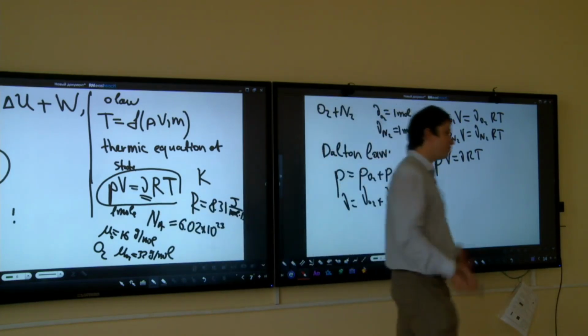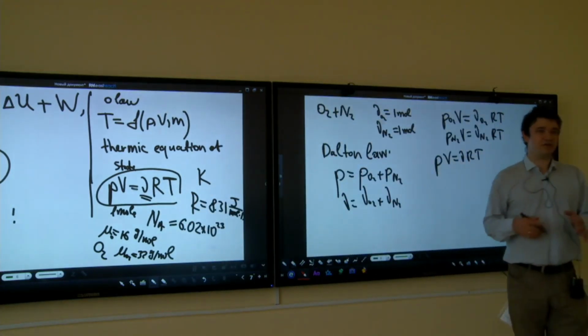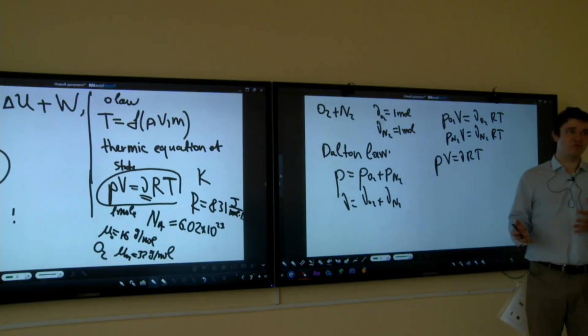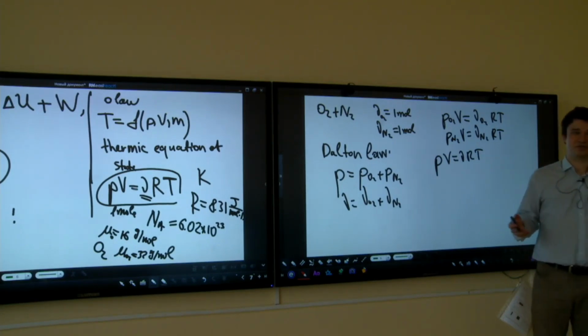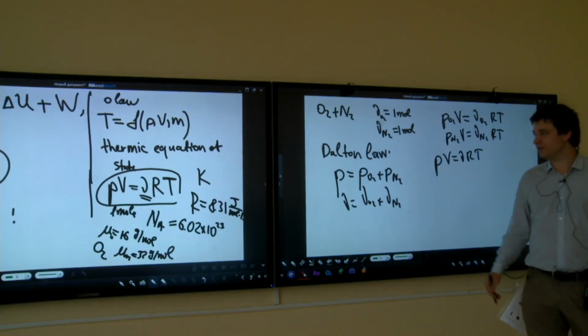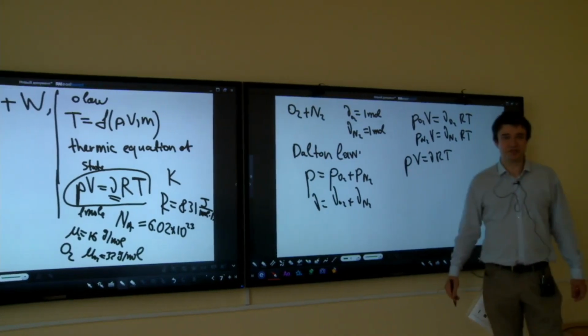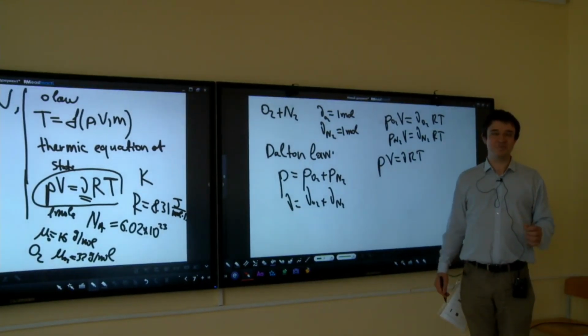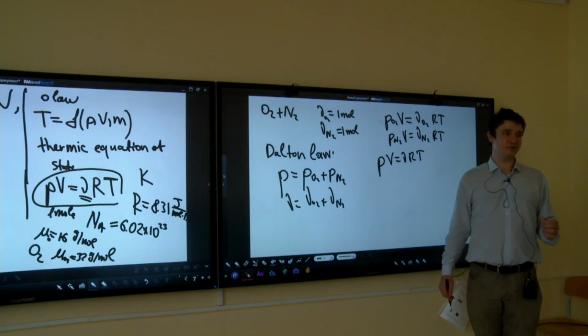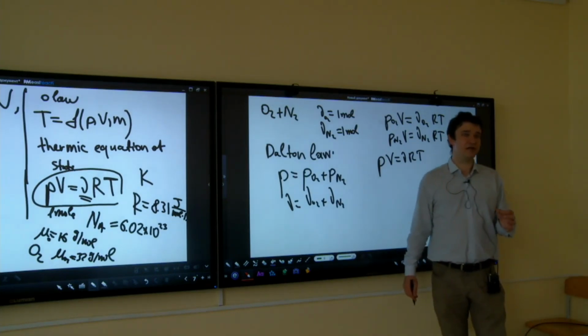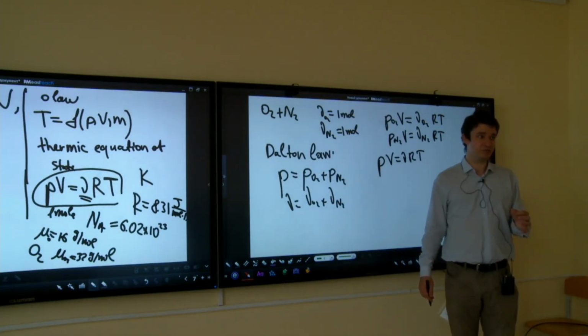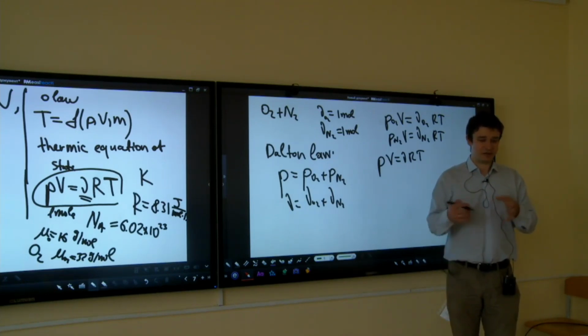And it doesn't even matter whether you have only a single type of molecules there or multiple types of them. When you have a single type of molecules, it actually means that they're exactly the same. As you know, for any atom there are different isotopes, and any atom can have slightly different structure.